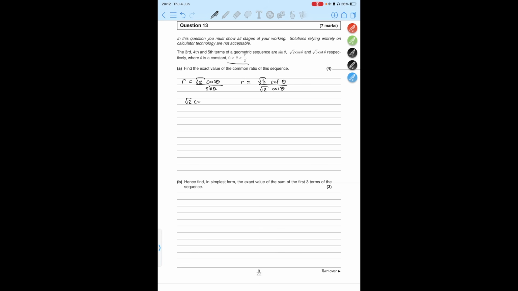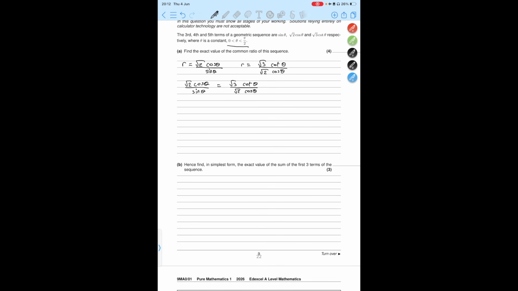So root 2 cos theta over sine theta is equal to root 3 cot theta over root 2 cos theta. Now, cos theta over sine theta is the same as cot theta. So we can say root 2 cot theta equals root 3 cot theta over root 2 cos theta.